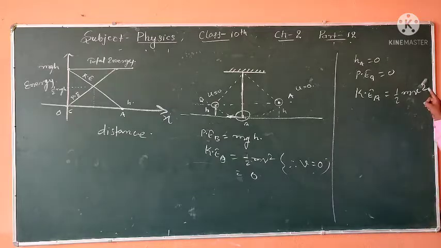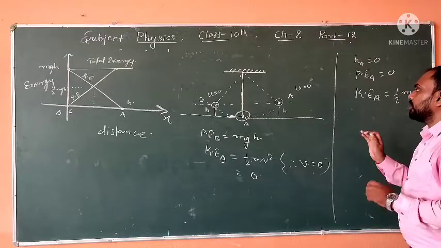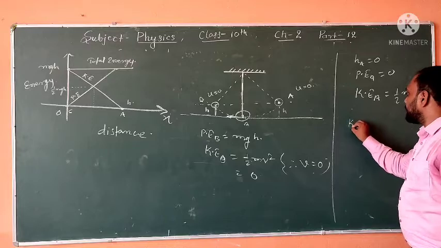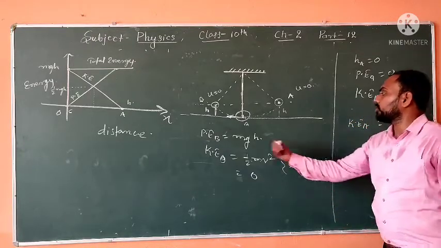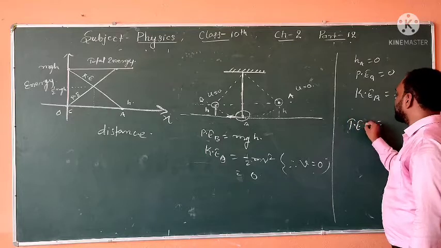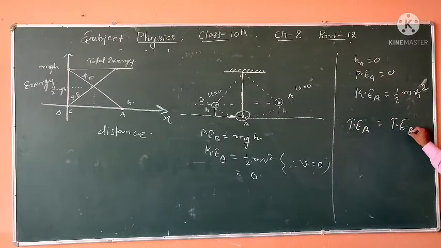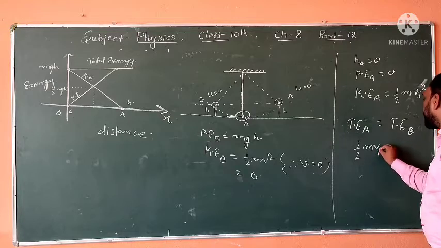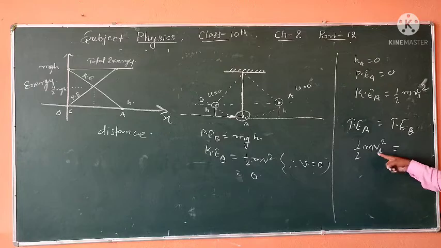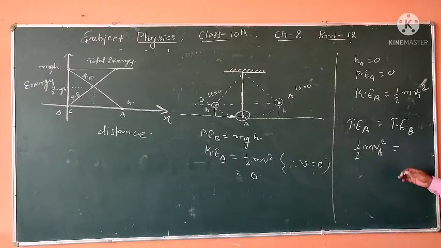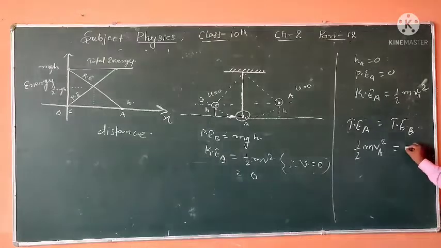According to conservation of energy, the total energy at B will be equal to the total energy at A. You may also write it as total energy at A is equal to total energy at B. So half m v_A square, because potential energy is 0, this will be only kinetic energy, and the total energy at B will be mgh.